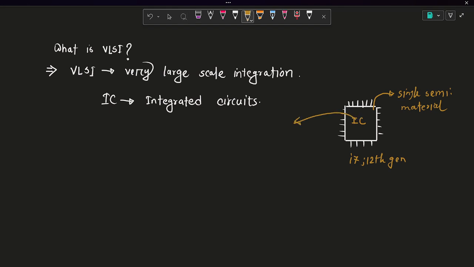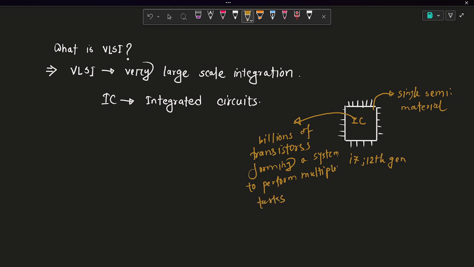This single semiconductor material might have billions of transistors, forming a system to perform multiple tasks.